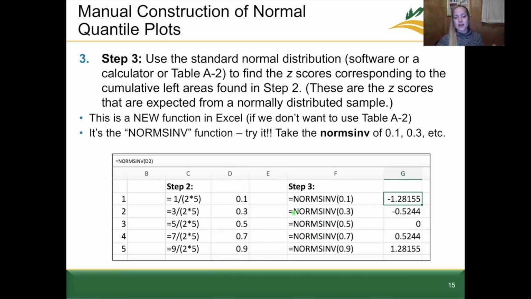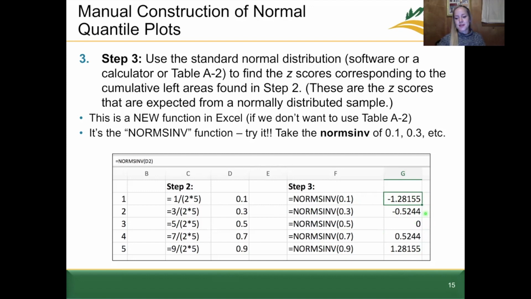Again, I'm doing this 5 times because I have 5 data points in my sample. In this column, I'm showing you the setup. In this column, I'm showing you what you should get when you click enter, so the values you should get here. One thing you can check for yourselves is that these should be the minus version and the plus version of the same number.